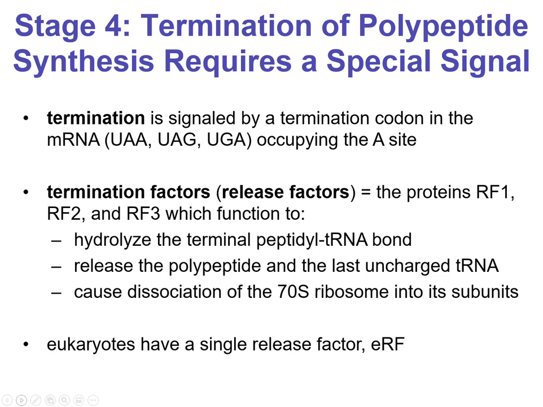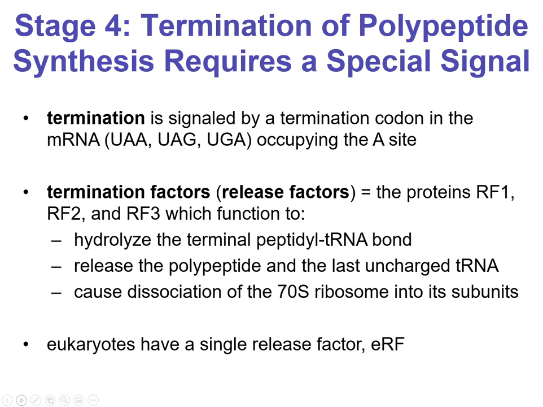So that stop codon gets to the A site. And then there are termination factors or release factors, which will cause the ribosome to dissociate. There's RF1, 2, and 3, and they function to hydrolyze the terminal peptidyl-tRNA bond.